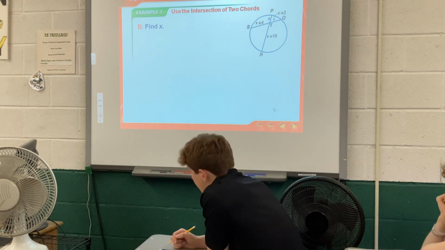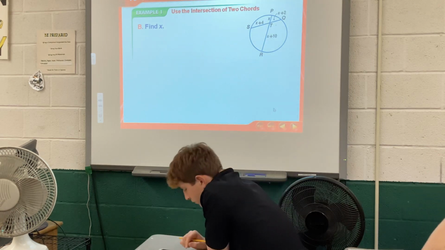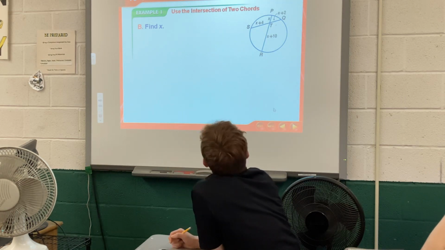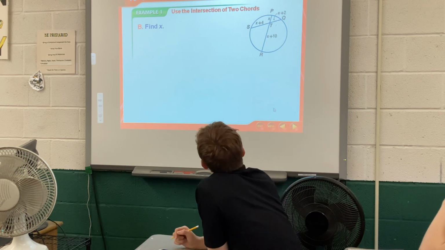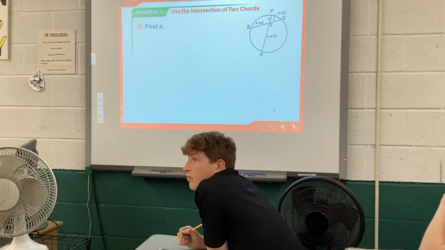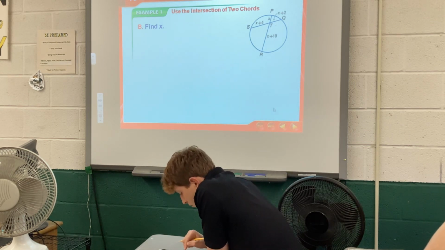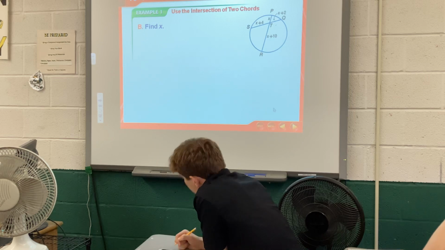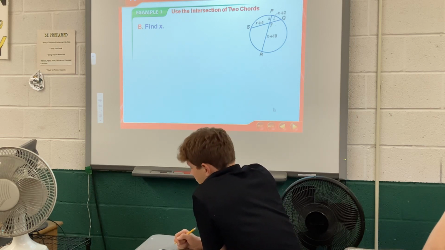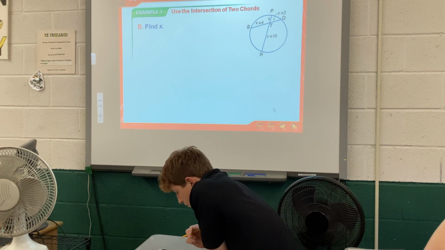Or in the other one, when I'm doing the outside times the whole thing, I'm just going to take that x and distribute it. So let's look at the math for this one. I do x plus 4, I'm going to multiply that by x plus 2, and I'm going to set it equal to x times x plus 10.